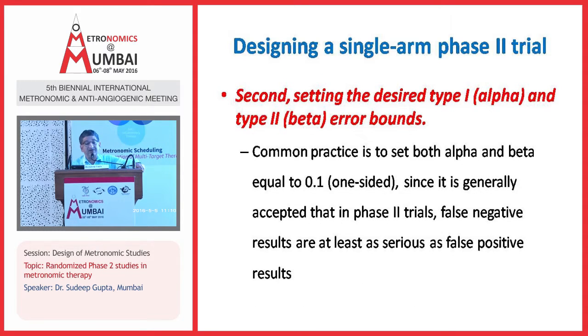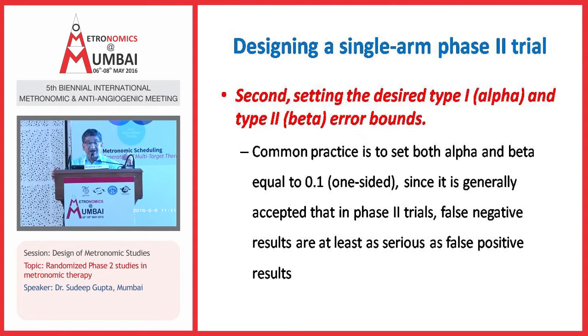Second, one has to set the desired type 1 and type 2 error bounds, and most of us are very conversant with designing phase 3 trials with an alpha bound of 0.05 or even lower and a power of either 80 or 90%. But the common practice in phase 2 trials is to set both the alpha and the beta at 10%, which means that one accepts not a 5% but up to a 10 or even 15% possibility of a false positive result.